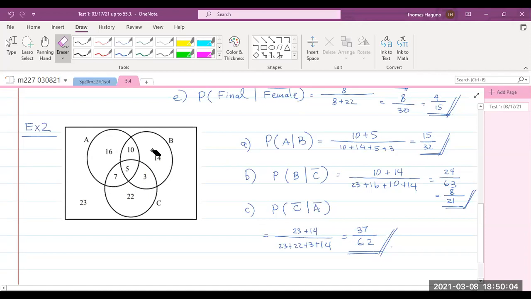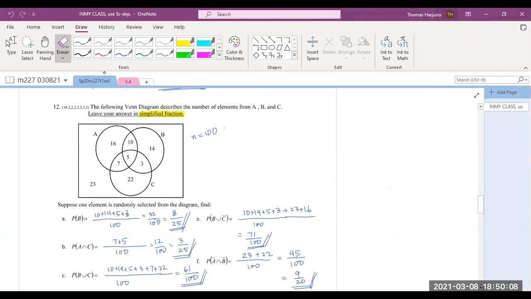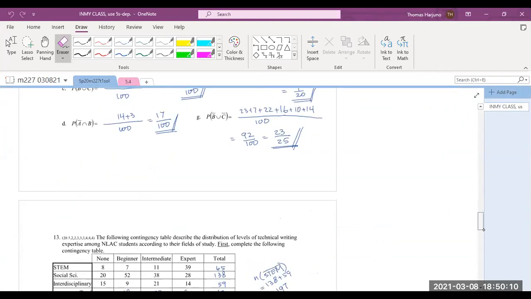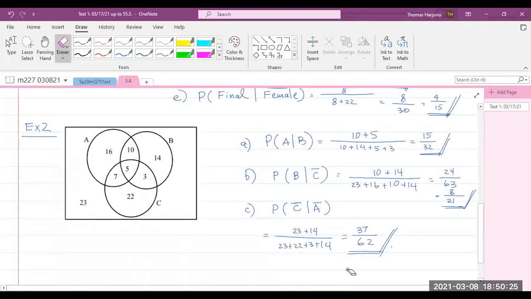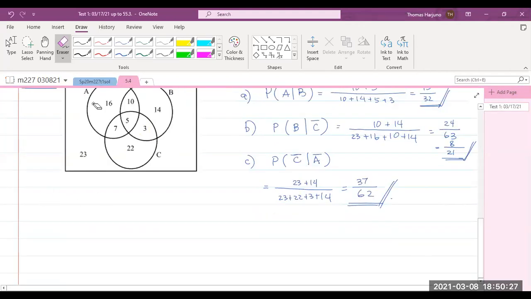Okay, now of course we can also work on that with a contingency table. Let's do 1 or 2 problems and then I'll let you go. So, let's take this one. Example 3.